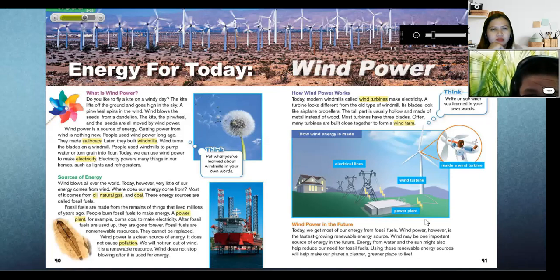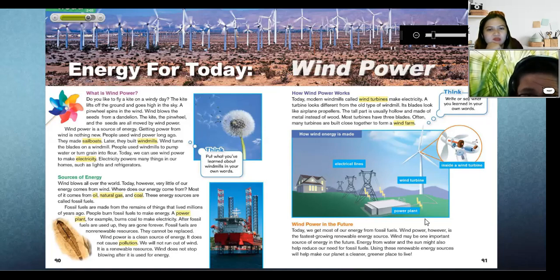A turbine looks different from the old type of windmill. Its blades look like airplane propellers. The tall part is usually hollow and made of metal instead of wood. Most turbines have 3 blades. Often, many turbines are built close together to form a wind farm.